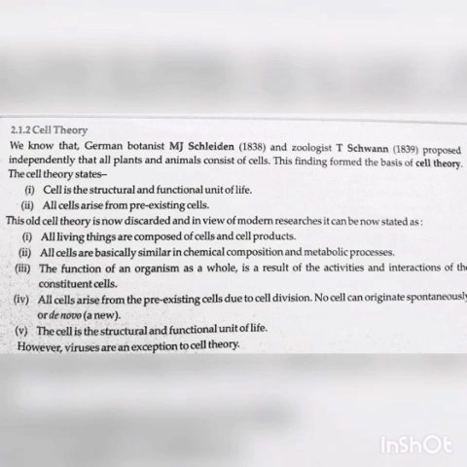Next, the function of an organism as a whole is a result of the activities and interactions of the constituent cells. Next point, all cells arise from pre-existing cells due to cell division. No cell can originate spontaneously or de novo, that means anew.